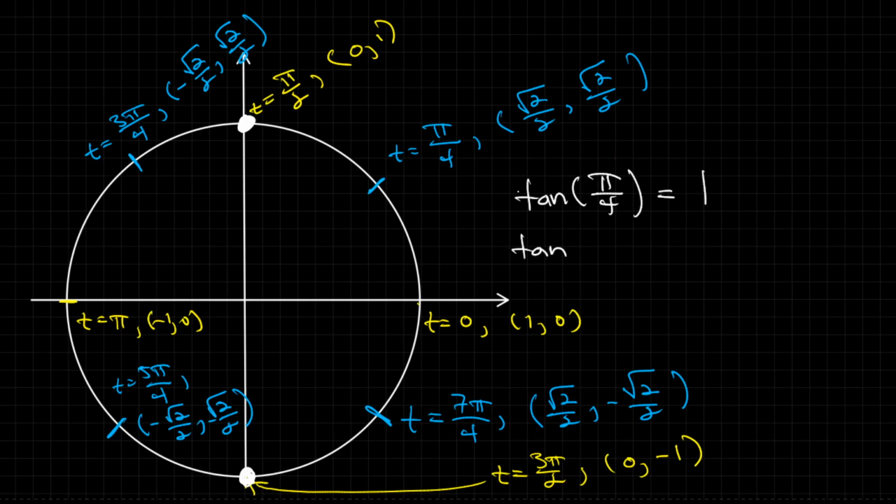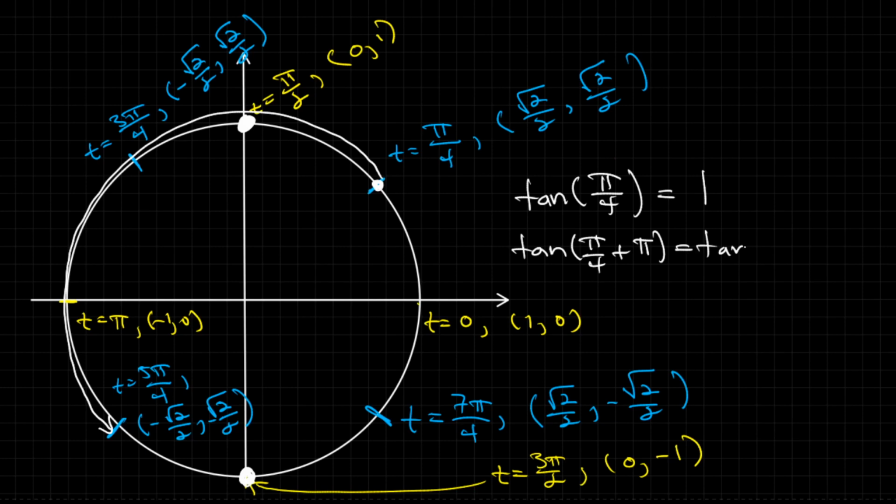And so that would be at this point on the unit circle, but if you go around by pi, that is 1/2 of the unit circle, tangent of pi over 4 plus pi, that's tangent of 5 pi over 4. And when you do the y-coordinate, which is negative root 2 over 2, and divide by the x-coordinate, negative root 2 over 2, again you get 1.